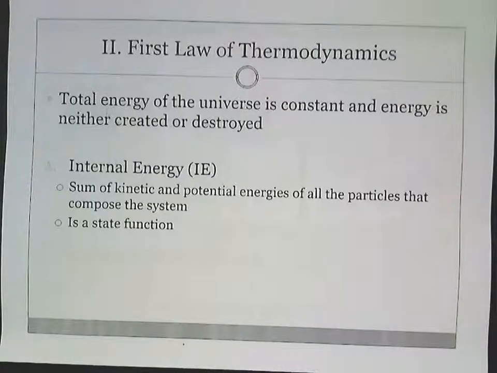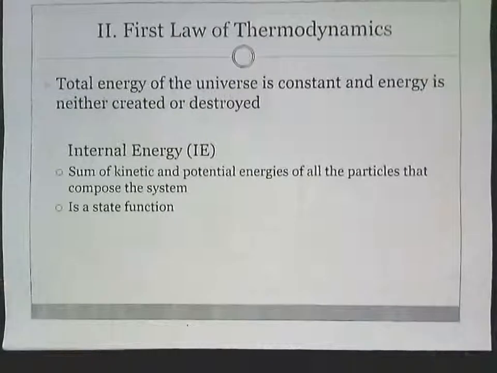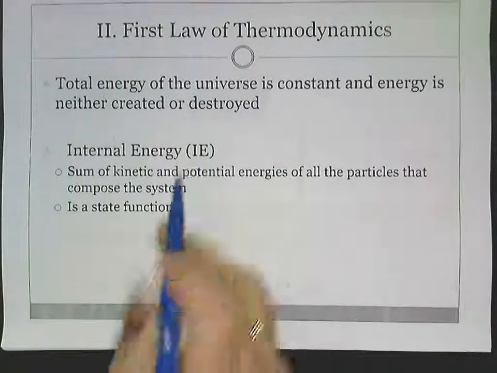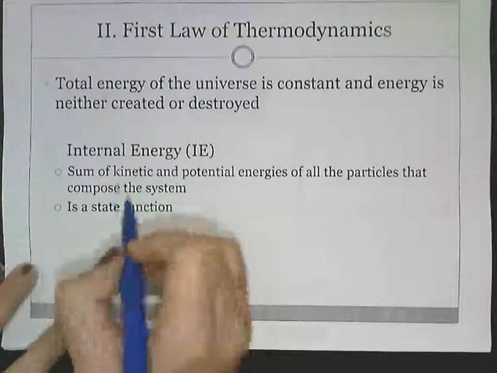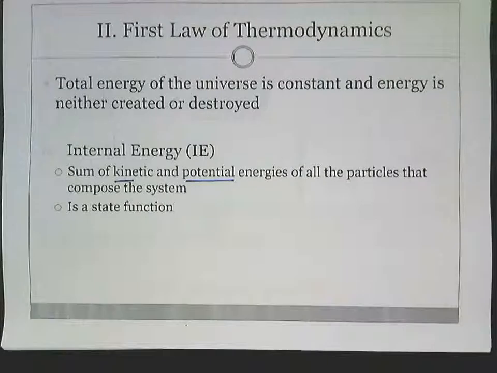First we're going to talk about internal energy, then some of the other ways that energy can be measured. Internal energy, given the snazzy little IE symbol, is all of the kinetic and potential energies of everything in the system, where the system is where I'm looking at the reaction taking place. And it is a state function.